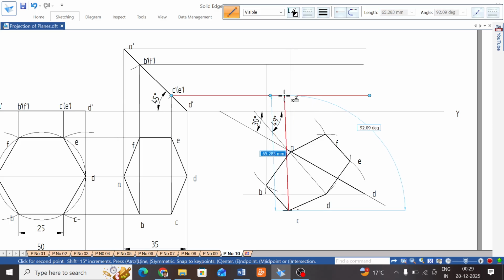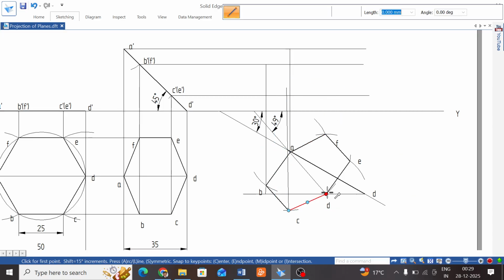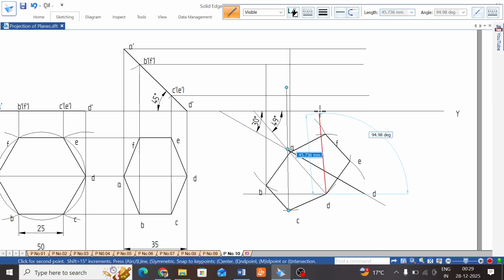Almost it will come nearer. Next D point is on XY line. Next E point is here. Then F will come here.